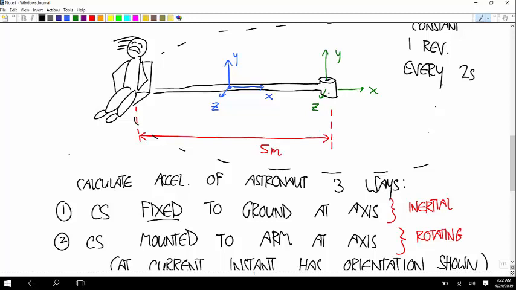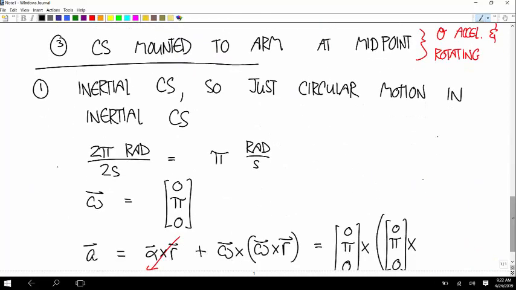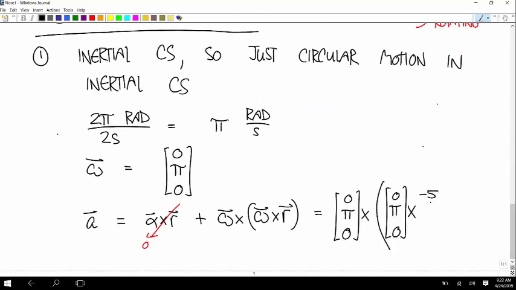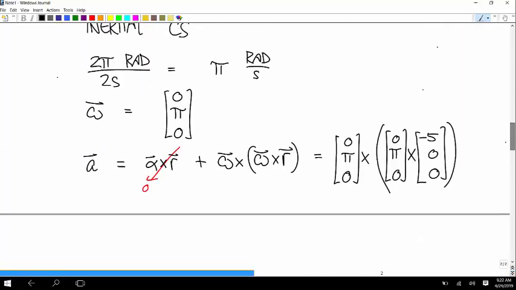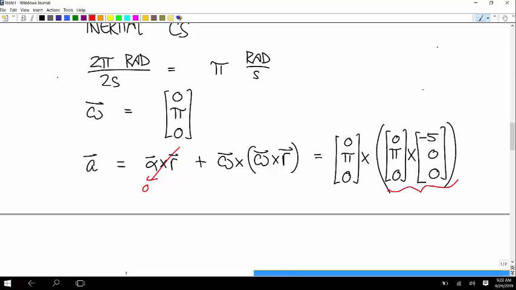And so r is just 5 meters in the negative x direction. So the cross product of the stuff in parentheses is 0, 0, 5 pi.